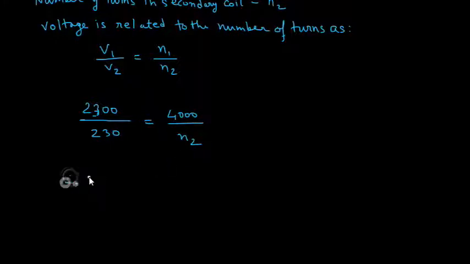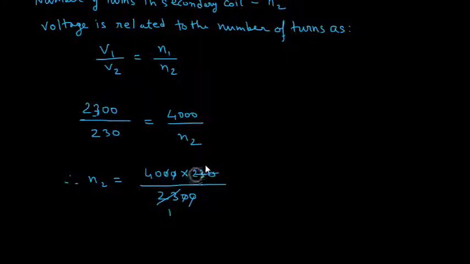Therefore, N2 is equal to 4000 multiplied by 230 upon 2300. So cancelling this, this is by 10. So we got 400. N2 is equal to 400 turns.